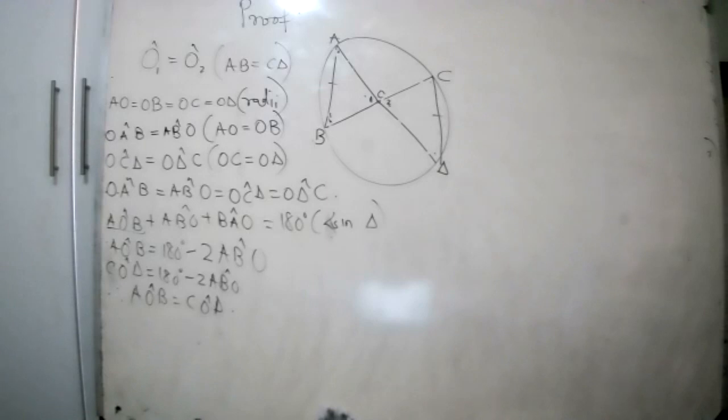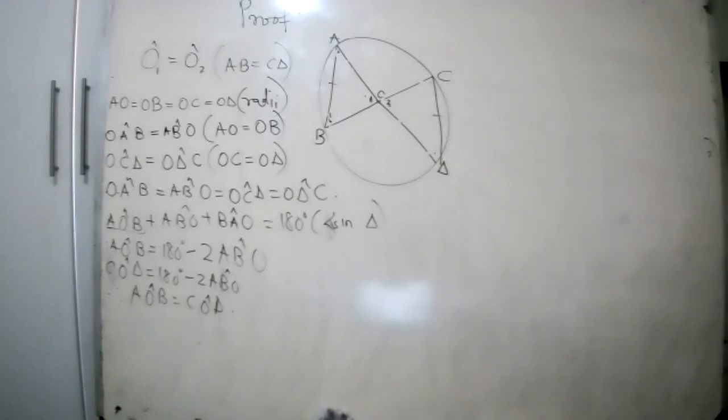So we have to prove that BA will be equal to OB. That's the first one. And then the second is to prove that AOCD is a cyclic quadrilateral. That's the second question.